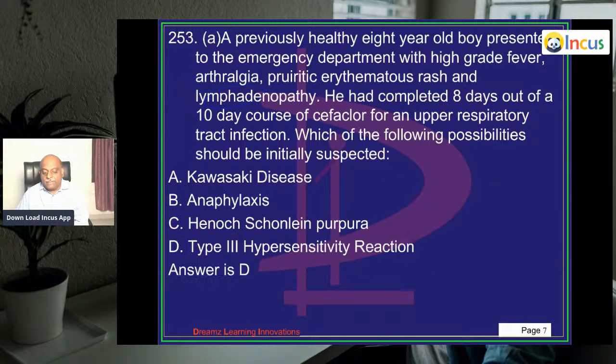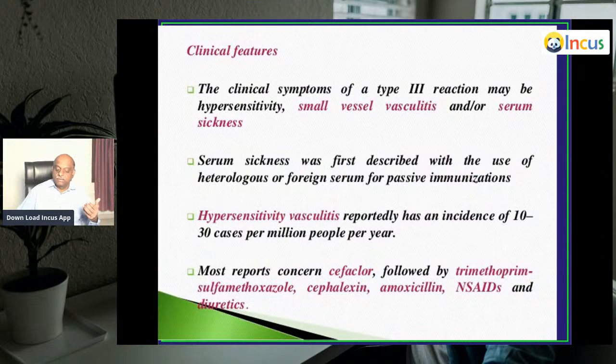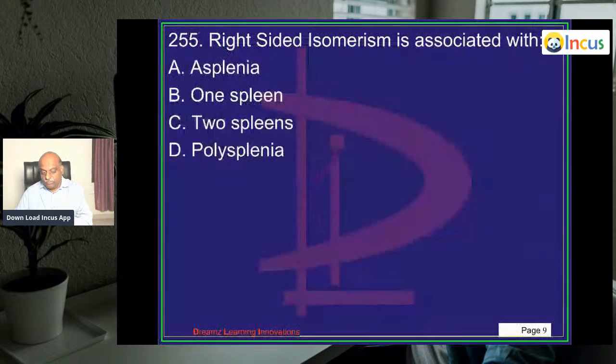That is what happens with certain drugs like Cefaclor, sulfamethoxazole, cephalexin, amoxicillin, NSAIDs, diuretics, etc. Whenever you are administering these drugs, they can lead to a type 3 reaction, a small vessel vasculitis, and a serum sickness-like illness is what you have to remember.